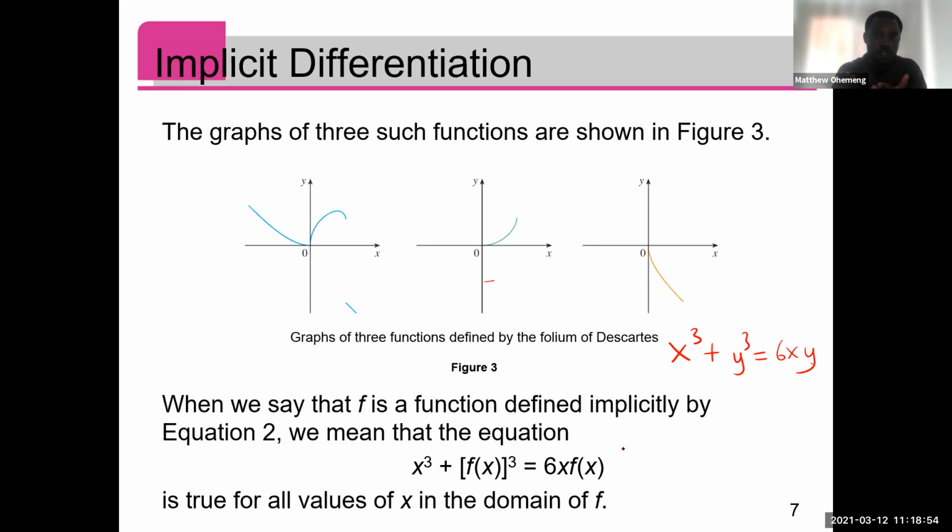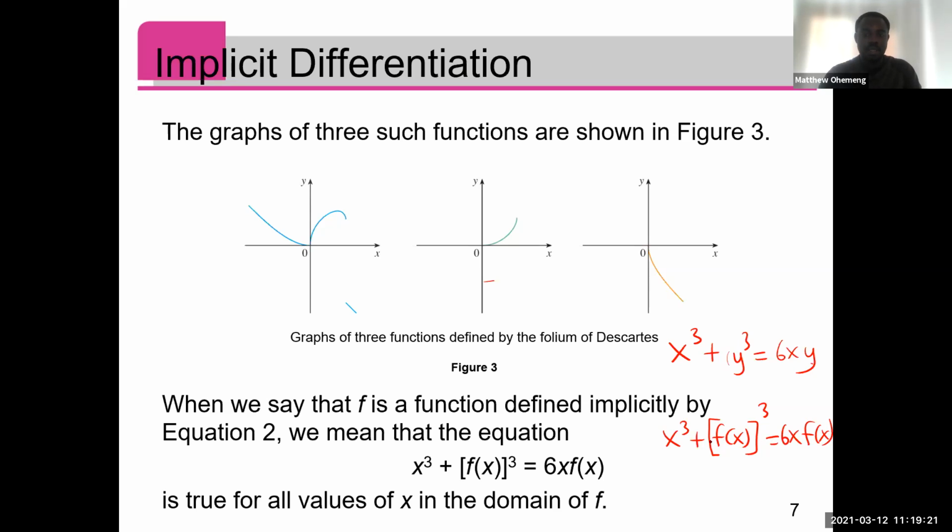So technically we can just replace this y with some function of x. We don't know the exact form because we don't have an explicit solution for y. But we know that if we were able to express it explicitly, it would be some function of x. So I can just replace the y with f of x, so that's f of x cubed, and then 6x times f of x. I can do this. Okay.